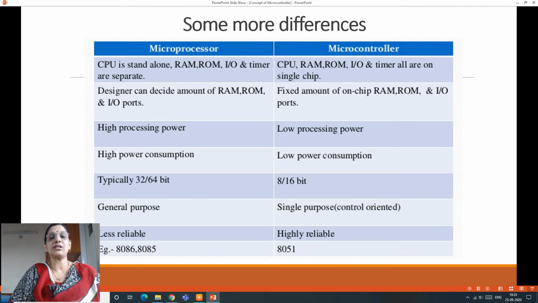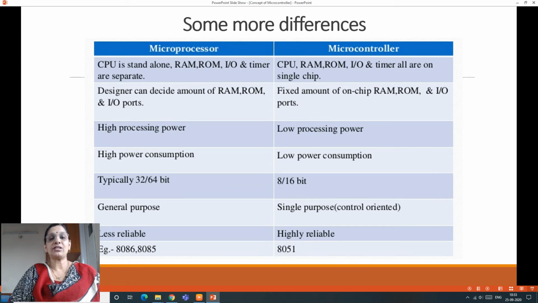A microprocessor has high processing power, a microcontroller has low processing power. A microprocessor has higher power consumption, whereas a microcontroller has low power consumption. So, whenever power requirement is less or we require some systems with battery powered features, microcontrollers come to our aid.